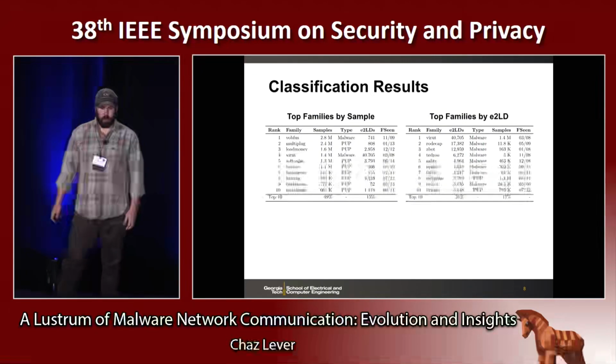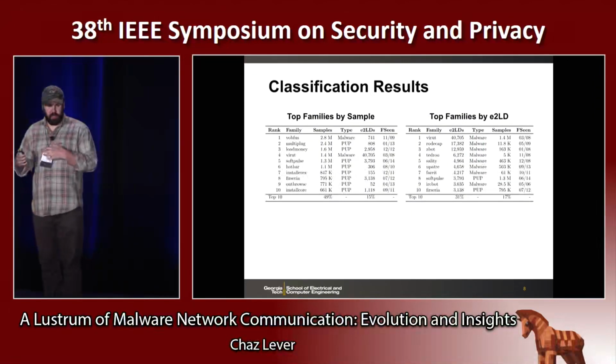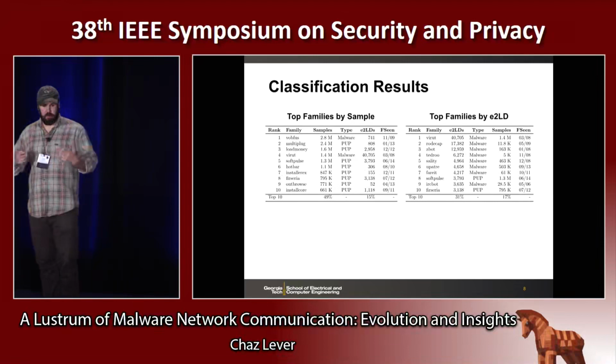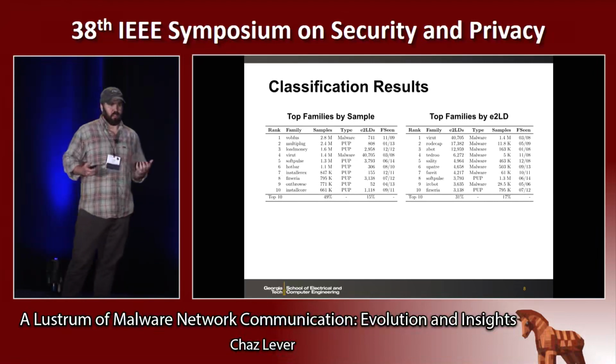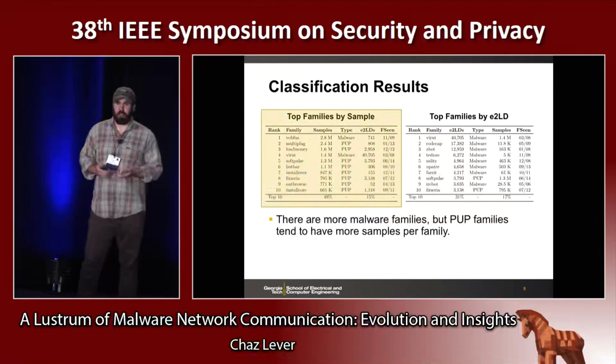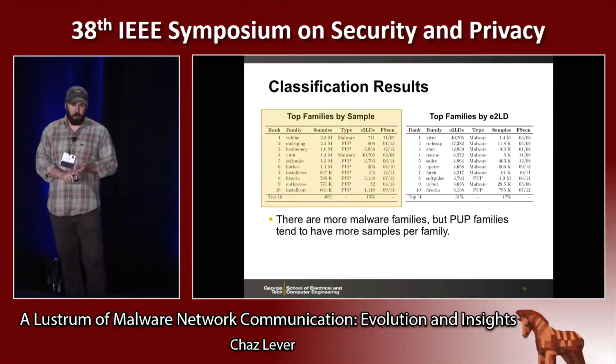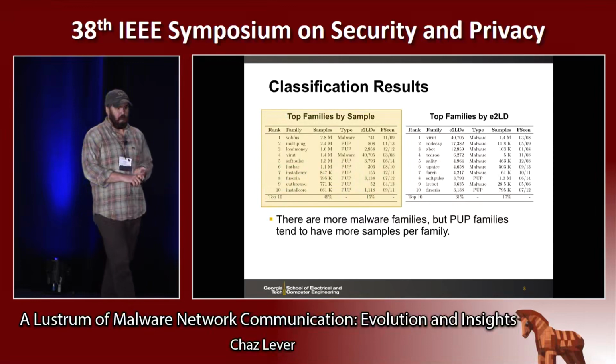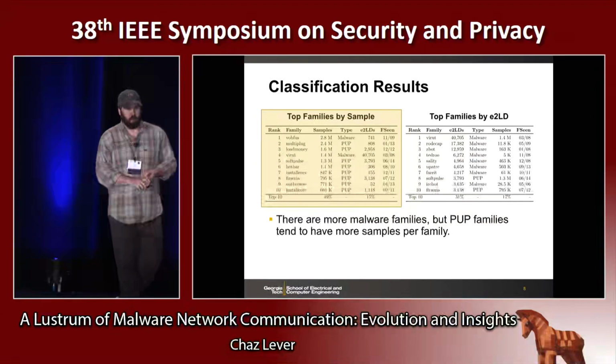And so another thing we looked at related to this kind of classification of PUP versus malware is, are there differences in the behavior that we saw? And yes, there were. So one of the things that we saw was that there were actually more malware families, but the PUP families that we did see tended to have more samples per family.